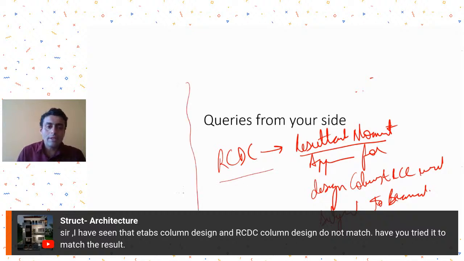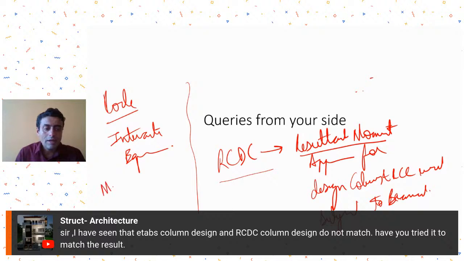What is the default method that our code tells us to use? The code tells us to use what is called the interaction equation method, isn't it? In that, about each axis, let's call the major and minor axis x and y right now, we calculate the analysis moment divided by capacity moment, raised to the power alpha.